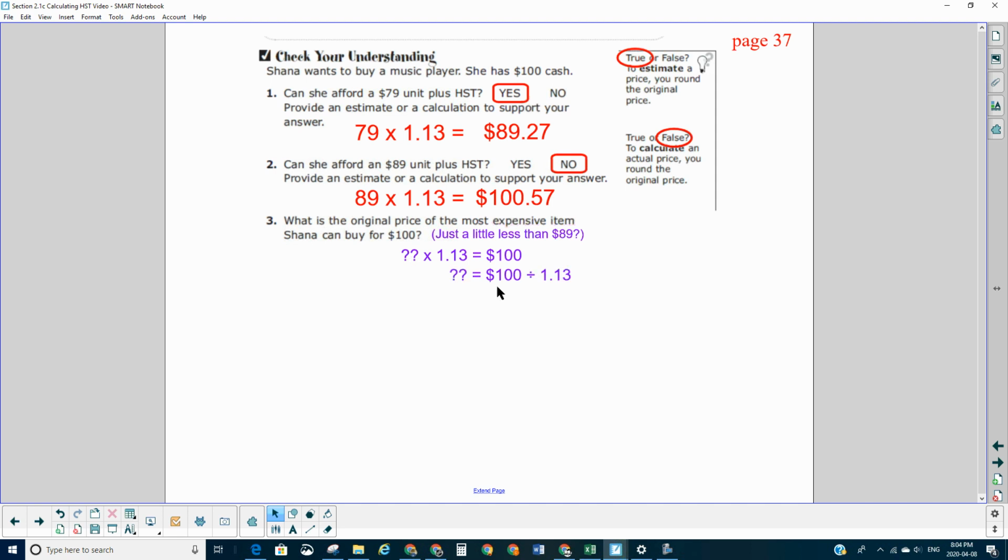So if you went to your calculator right now and typed in $100 divided by 1.13, you would get the exact price of $88.49. And that would be the most expensive item she could get, because that plus HST tax would be just less than $100.